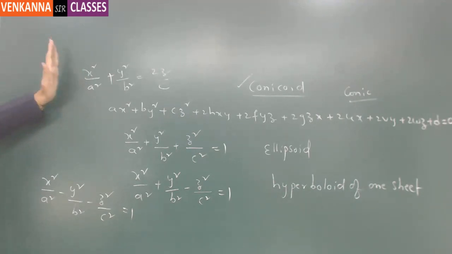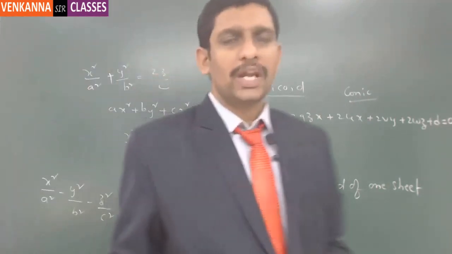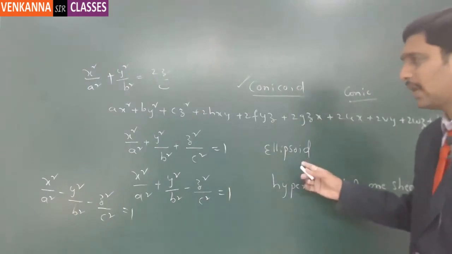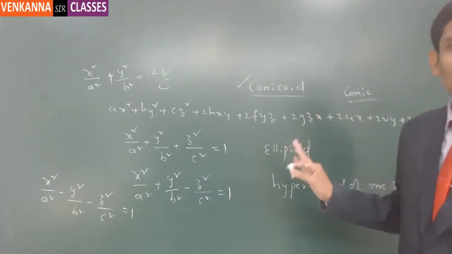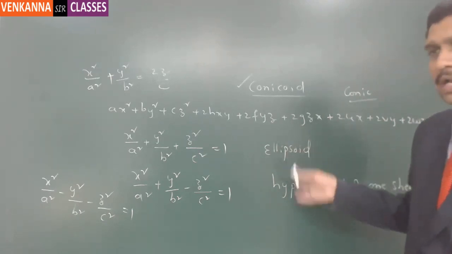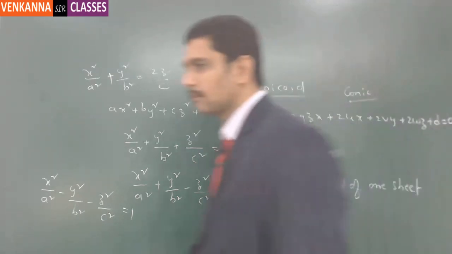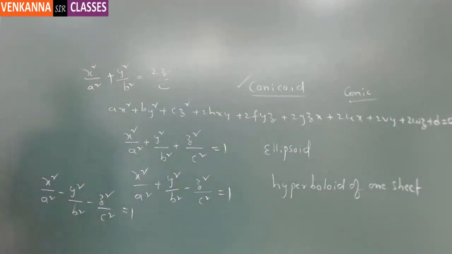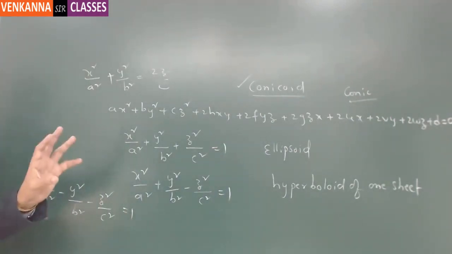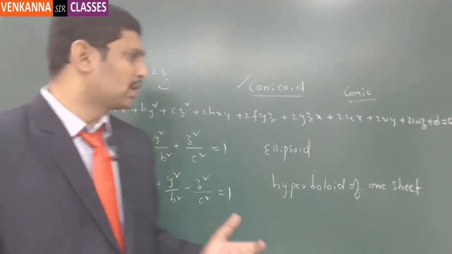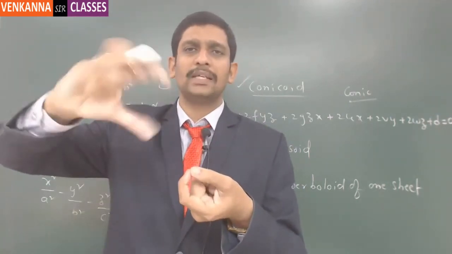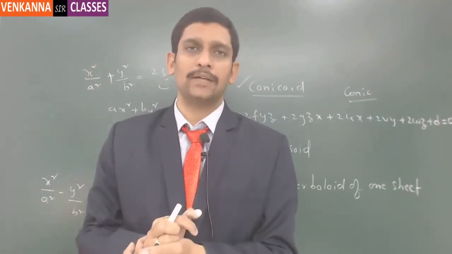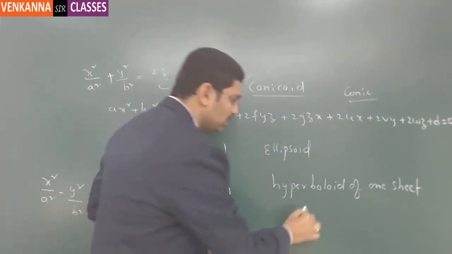So I will give the list of equations in Telegram, but in our syllabus we get the questions only from ellipsoid, hyperboloid and paraboloid. That's it. And mostly questions are there on ellipsoid and hyperboloid. Majority of the questions. So if you want a geometrical view, if you take an ellipse and rotate this, you will get an ellipsoid.